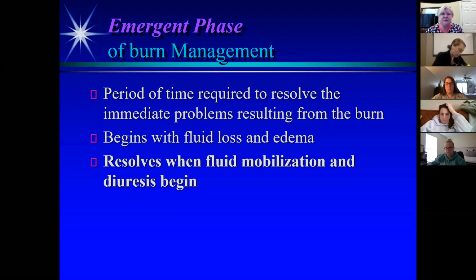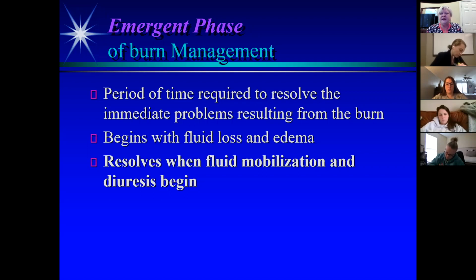Now, the emergent phase is the period of time required from the beginning of their burn, the beginning of their problems, until diuresis begins. That's the definition of the emergent phase. Okay, till diuresis begins. When is diuresis?